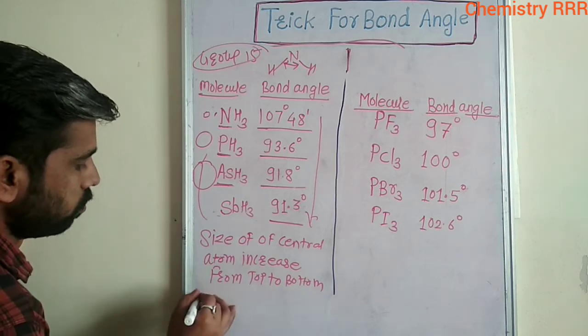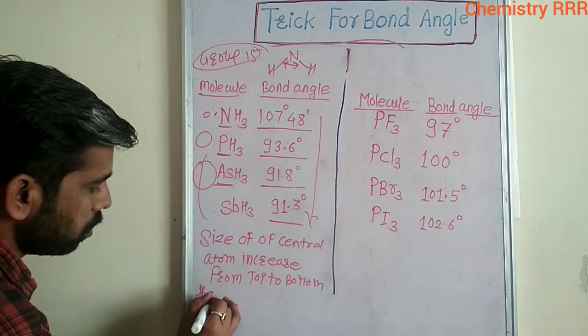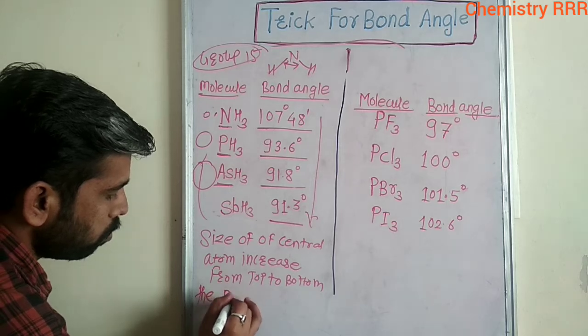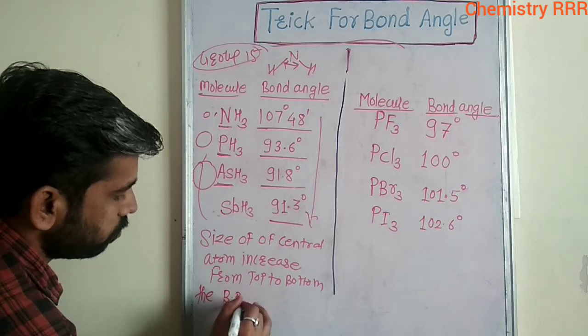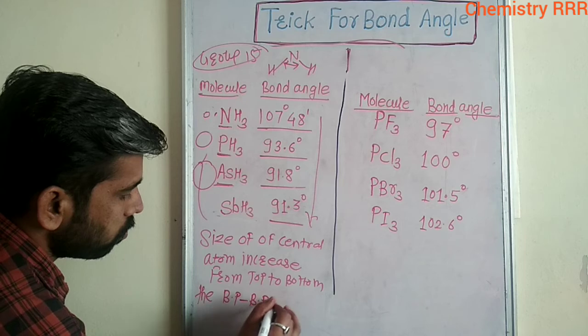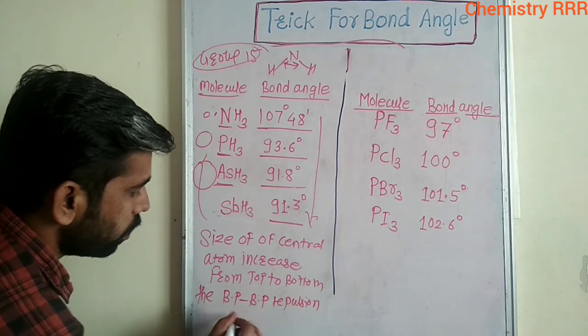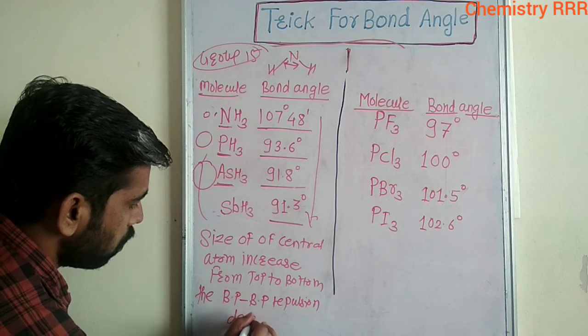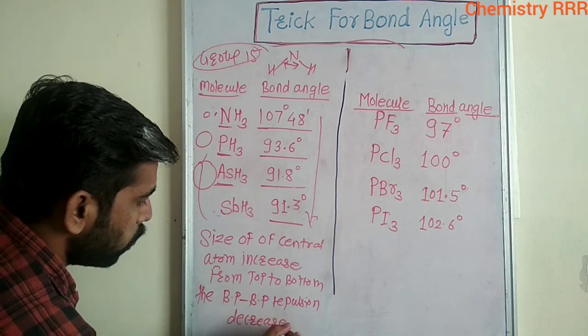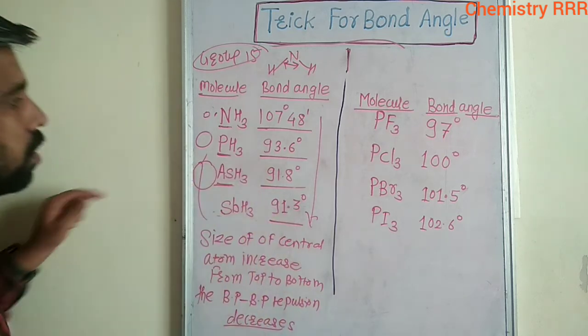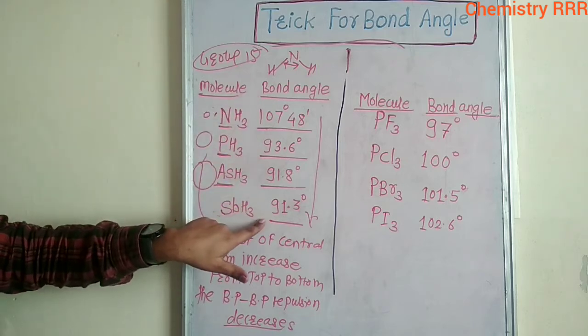From top to bottom the bond pair repulsion decreases, and because of that the bond angle goes on decreasing from top to bottom.